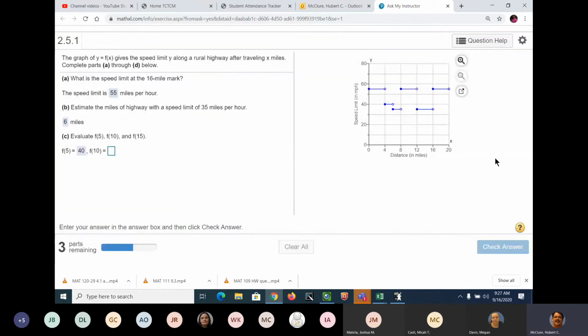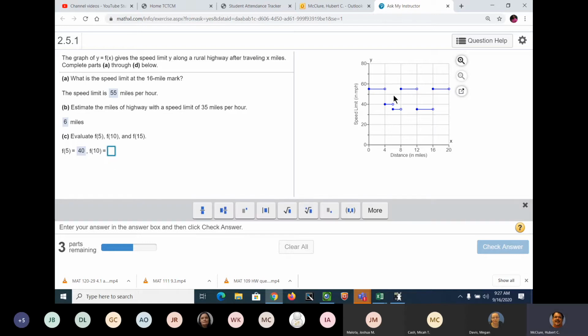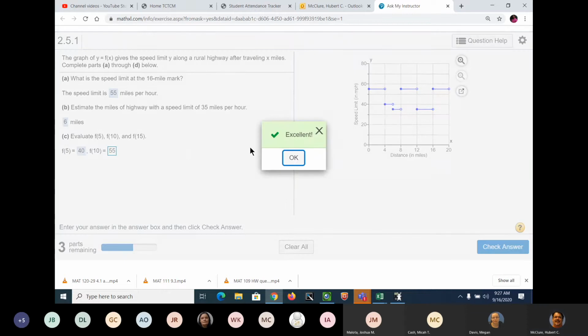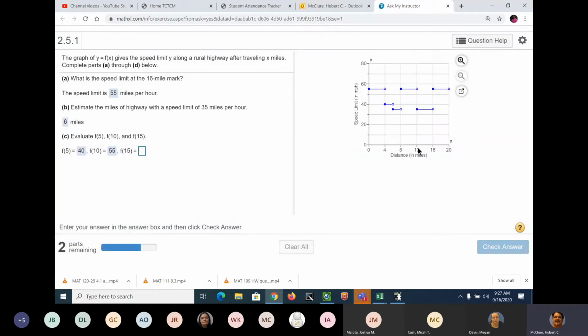And f of 10 would be right here. And that would be 60. No, 55, sorry. And f of 15, let's say 12, 13, 14. 14 would be in the middle, so 15 would be right here. 15 would be 35.